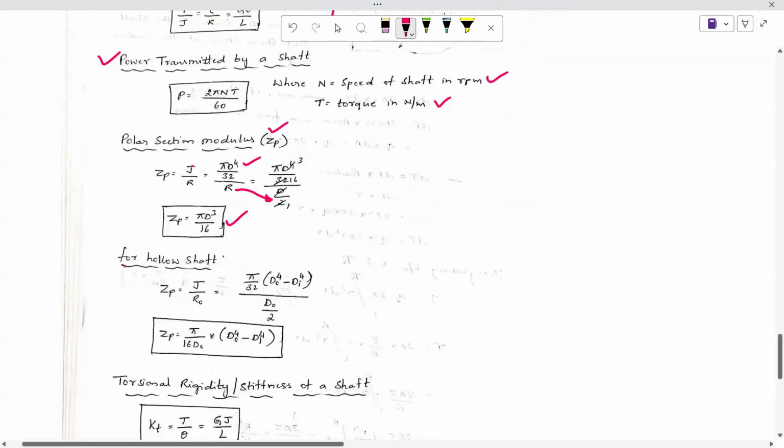Next one is for hollow shaft. In the hollow shaft, you will have an outer diameter and inner diameter. So for that, Zp is equal to J by R naught, meaning outer radius.